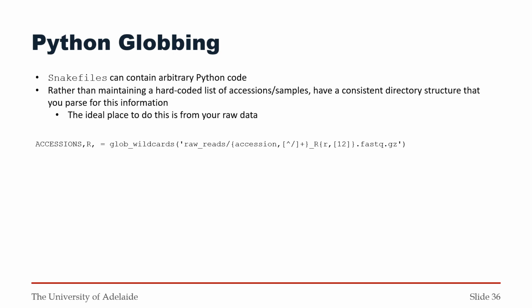Then there's an underscore, capital R, and then this other bit here which is extracting out the read, whether it's the R1 or the R2, and it's further constrained by having to be a fastq.gz file. So we can use this type of thing to pull that information out of the file system rather than having it hard-coded, again making this sort of thing more portable and reusable.